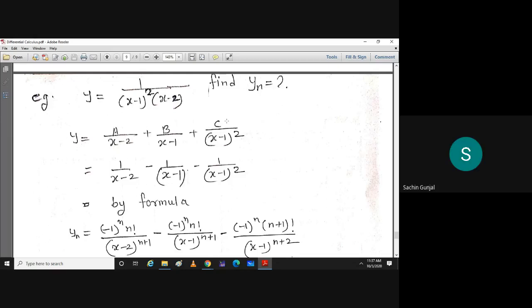And what is it? x minus 1 square into x minus 2 is the LCM.